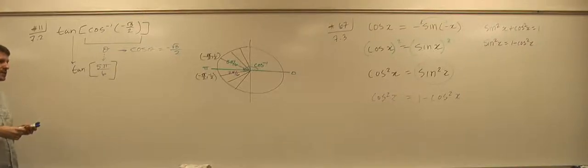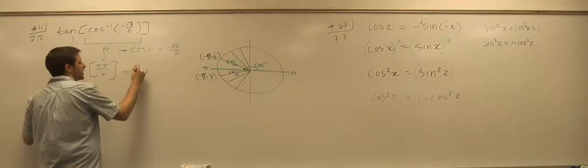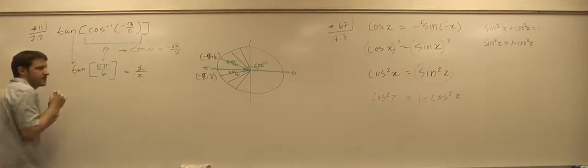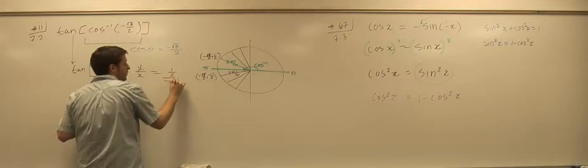Unit circle. Tangent is x over y? Y over x, right? So on the unit circle, you will go to 5 pi over 6 and plug in whatever y over x is. Or 1 half over negative root 3 over 2.